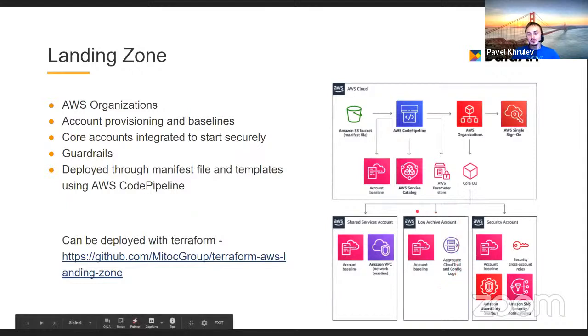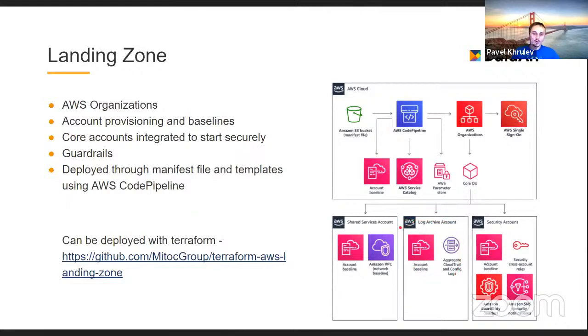Also, it creates a log archive account. That is an account that aggregates all logs from all other accounts, and all other accounts by default have a baseline created to put their logs in the log archive account. So landing zone creates it by default. It enables CloudTrail and aggregates all CloudTrail logs.